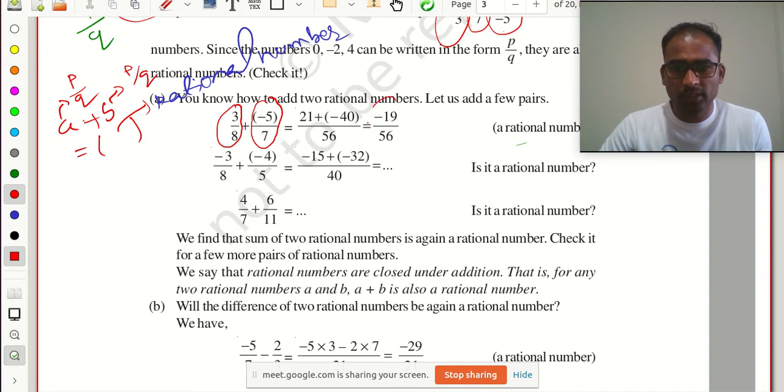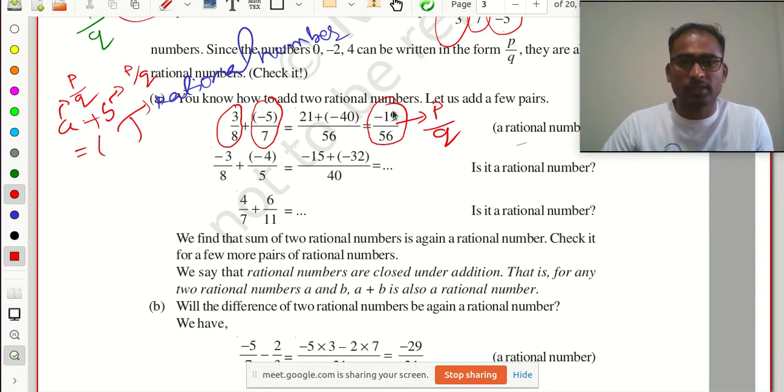Minus 19 by 56 I am getting here. Now is minus 19 by 56 a rational number or not? Yes, sir. So this is a rational number. Why? Because this is in the form of P by Q. So we can say this is a rational number.